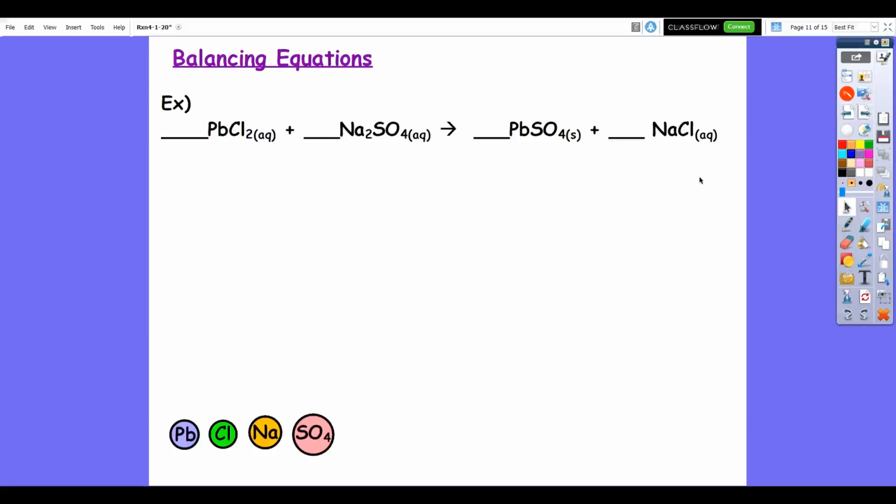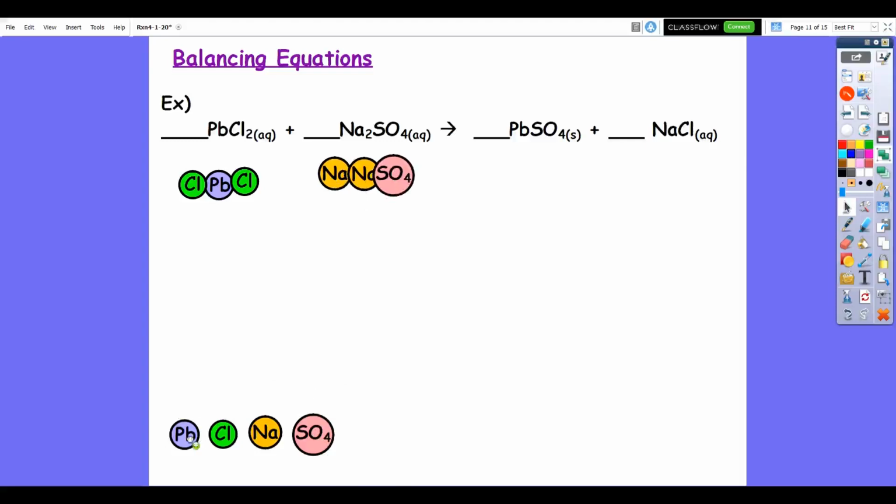So this is the first problem, I believe, on that balancing equations worksheet. So I'm going to go through these steps. I'm going to make my molecules here. Notice I have SO4. I've got sulfate here. I'm not counting it as oxygen and sulfur.